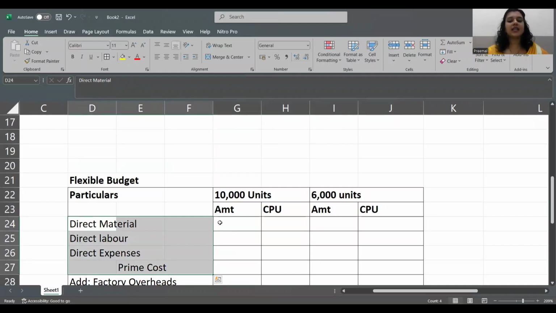Now remember, any direct cost is a variable expense. And what is the rule in case of a variable expense? The cost per unit for a variable expense remains the same, irrespective of the units of production. Now we have a column for cost per unit. I will be copying down the same cost per unit for 10,000 units as well as 6,000 units.